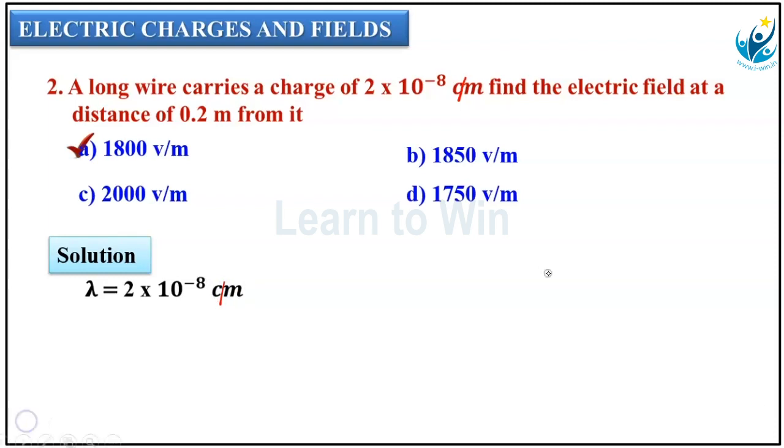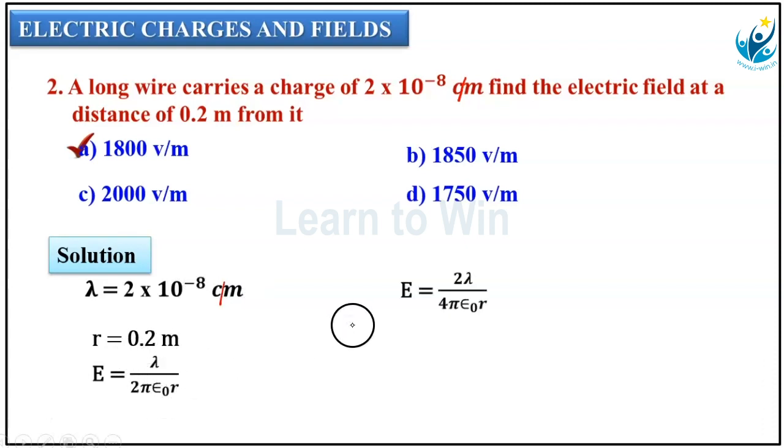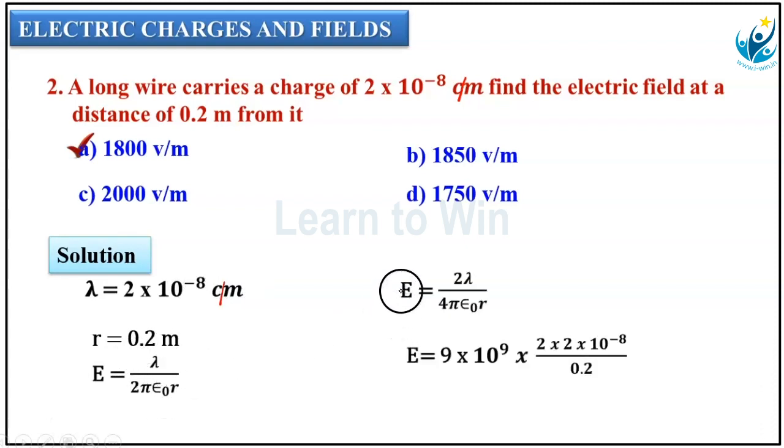Now, distance of the point r is equal to 0.2 meter. By substituting these two in E equal to lambda by 2 pi epsilon naught r, lambda value is 2 into 10 power minus 8 coulomb per meter, r is 0.2 meter. By substituting here, we get.